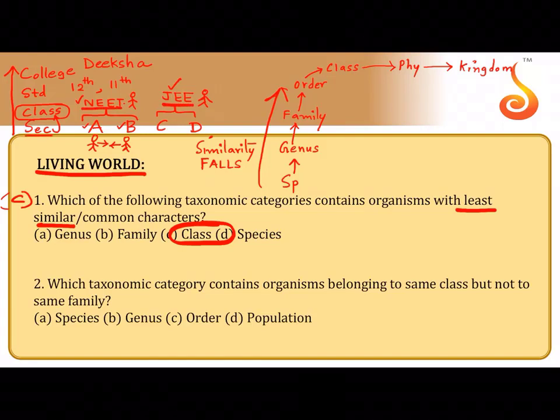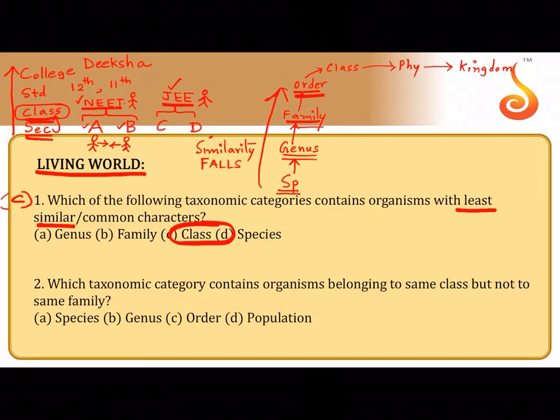So between sections there is more similarity, between classes there is less similarity. Similarly, between species there is more similarity, there is less similarity between genera, less similarity between family, less similarity between order. So as we go up the ladder, similarities are decreasing.